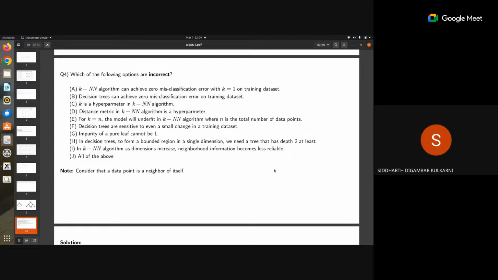Pure leaf is always one, right, sir? The impurity is zero for a pure leaf. Impurity in this case, what will it be? Entropy, right? So can it be one or not? For a pure leaf, entropy will be one or zero? Impurity will be maximum when half.